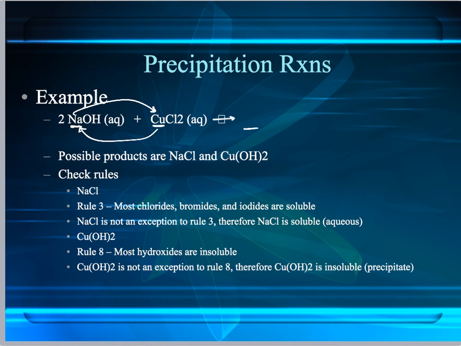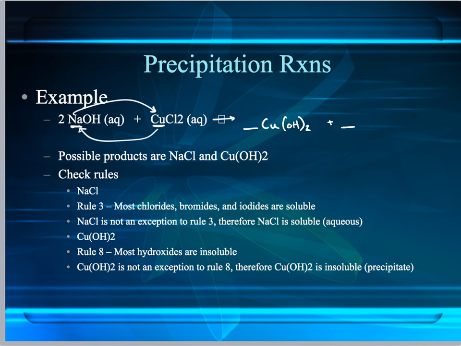So my first option, if I do the copper, it's now mixing with hydroxide. Copper is a +2 charge here being mixed with 2 hydroxide ions, so that tells us that the formula would be Cu(OH)2. And before I actually go check the solubility rules, we're just going to get the other possible product out there.